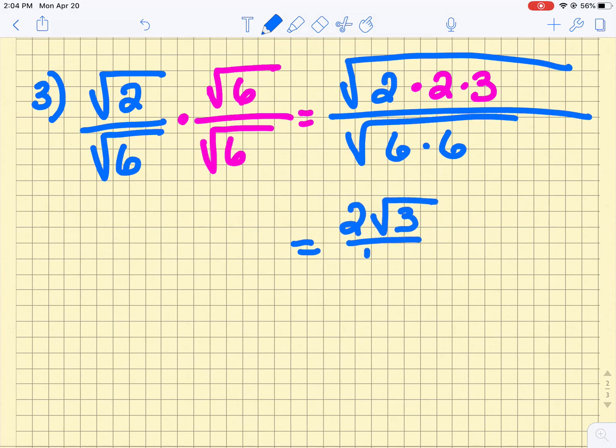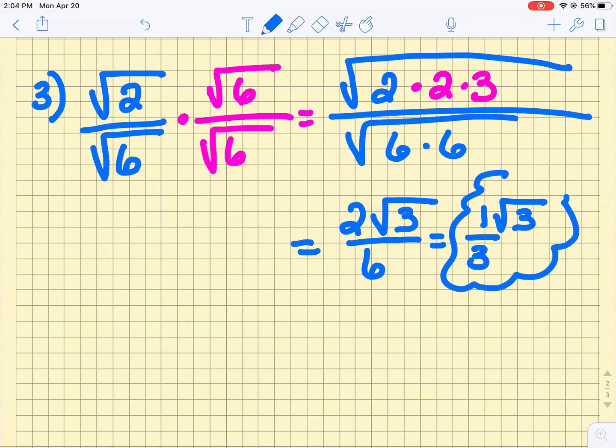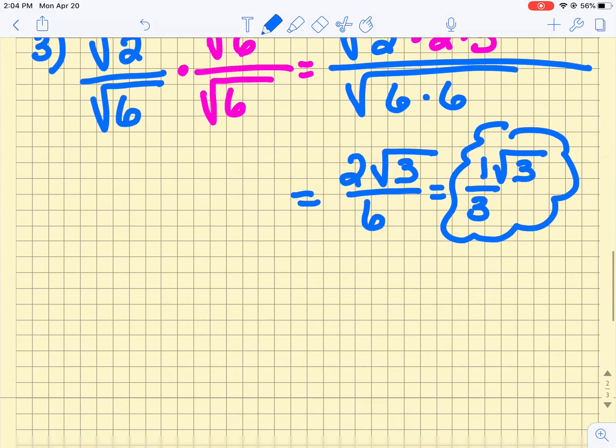In the denominator, we can take out a 6. Again, 2/6 can be simplified to 1/3, and then root 3. You could also write it as root 3 over 3. Okay? This is my final simplified answer. Again, just because this 3 is on the outside and there's a root 3 on the inside, these are two different values. They cannot be simplified.